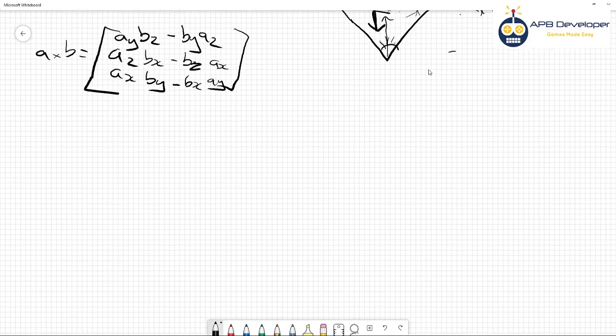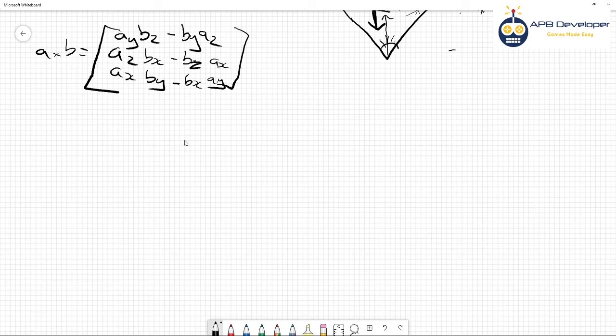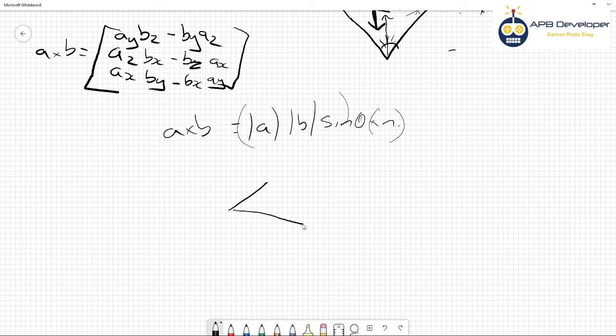The only other thing you can use the cross product for, because the cross product A cross B is the length of A times the length of B times sine theta times n, so this part gives us direction. The magnitude is actually this A and B. If you imagine this is your triangle, this is the parallelogram.